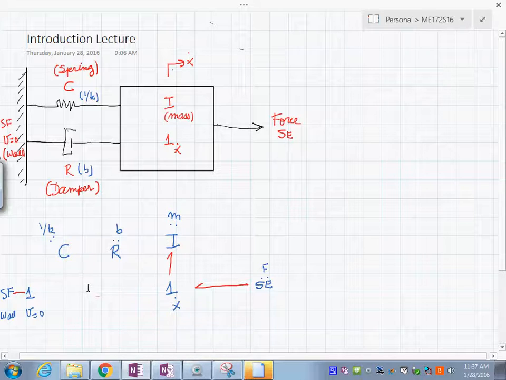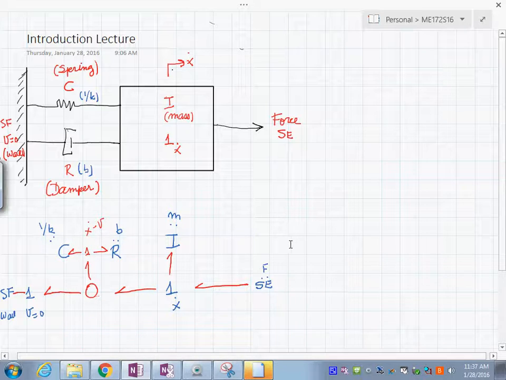So to represent that, we use the zero junction that allowed us to make the difference between x dot and the velocity of the wall. And this is another one, which is x dot minus the velocity of the wall. And both of these elements see that difference.